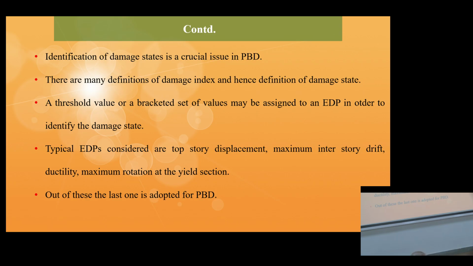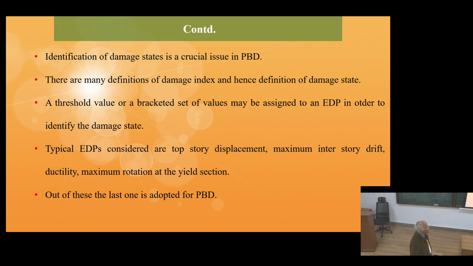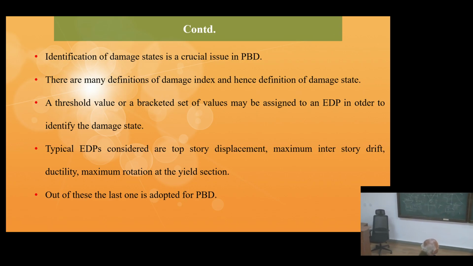That is what I've told in the morning, right? Damage state. There are many definitions of damage index and hence definition of damage state. A threshold value or a bracketed set of values may be assigned to an EDP, engineering demand parameter, in order to identify the damage state.